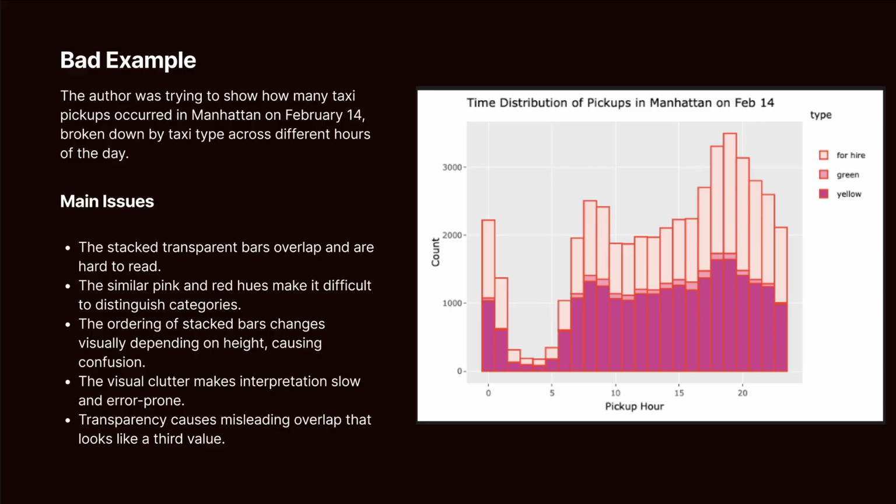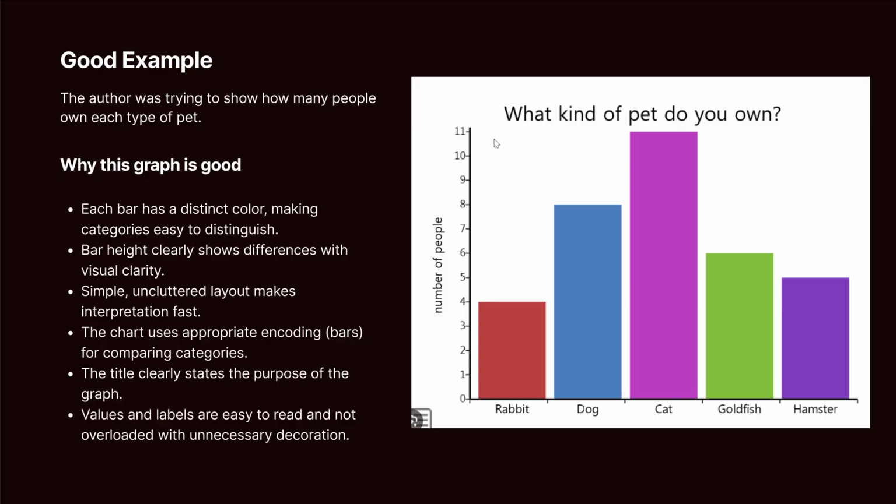The visual clutter makes the interpretation slow as well, and the transparency between the different types is causing a misleading overlap that looks like a third value. And also the title isn't too clear, like there's no mention of the word taxi anywhere on this graph, which is misleading.